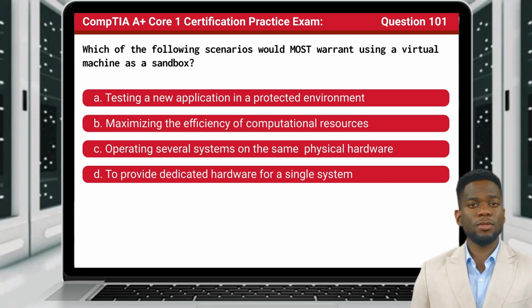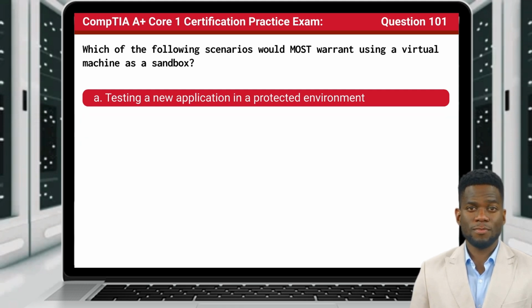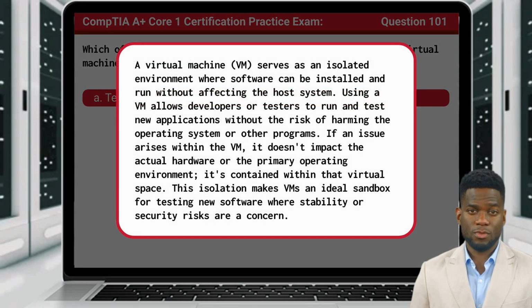Question 101. Which of the following scenarios would most warrant using a virtual machine as a sandbox? The answer is A. Testing a new application in a protected environment. A virtual machine serves as an isolated environment where software can be installed and run without affecting the host system.